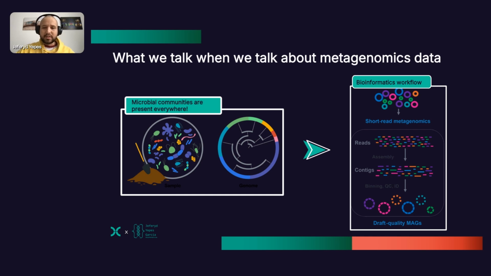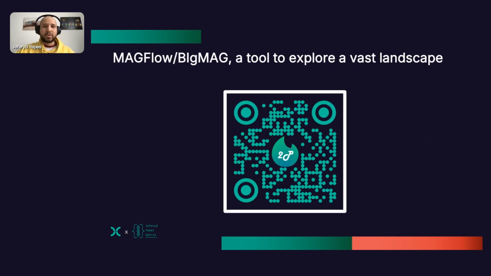But now let me ask you a question. How many tools do you think there are out there to recover MAGs or to assemble the bins? This is a vast landscape, and there are many available options. Now, for this, I will leverage another tool that we are developing in our lab, which is called 2Pipe.